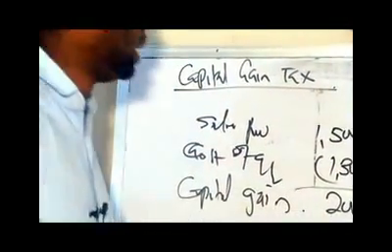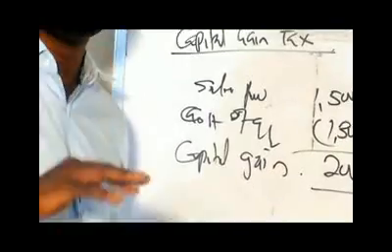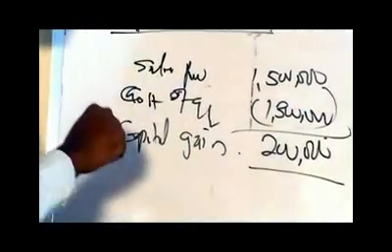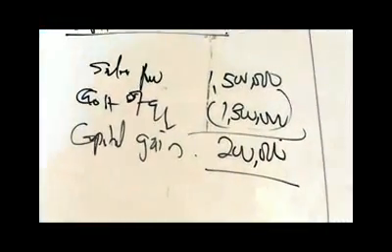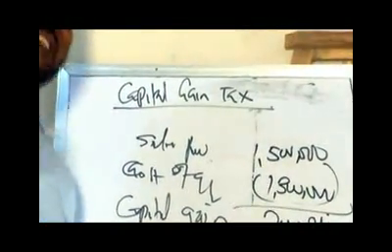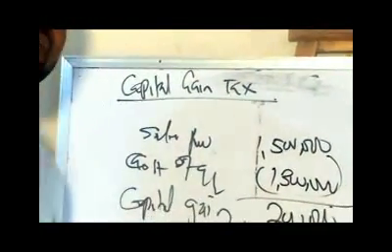Now, what do we call a capital gain tax? Because you have to know what the capital gain is. Capital gain tax is a tax imposed on the gain realized as a result of the disposal of an asset.